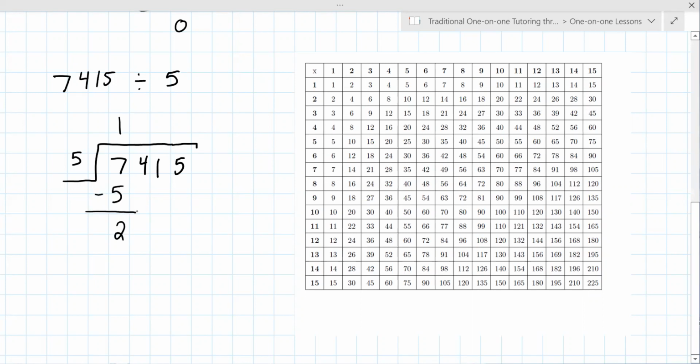2. And then after we bring the 4 down, we multiply 5 times? This is where you restart. You say, how many times does 5 go into 24? 5 times. Try again. So you find 24.